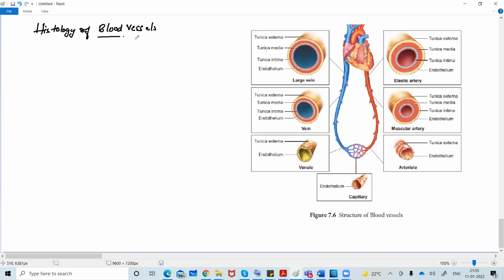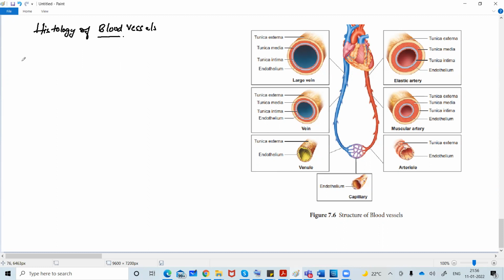So in this particular section, we'll see the histology, how it is made up of. Histology means study of tissues, the internal part. Okay. So the wall of arteries.